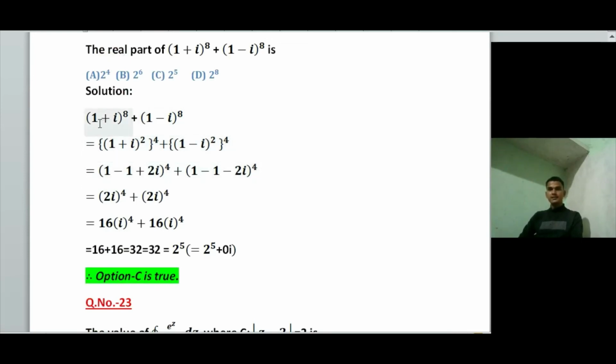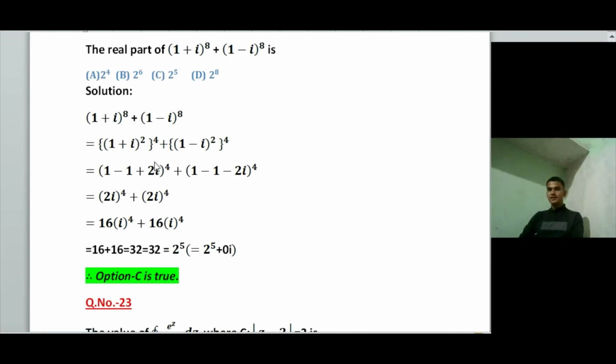So we can write it as 1 plus i to the power 2, whole to the power 4. We can also write it as 1 minus i to the power 2, whole to the power 4. This is a plus b whole square, a minus b whole square, a square plus b square.